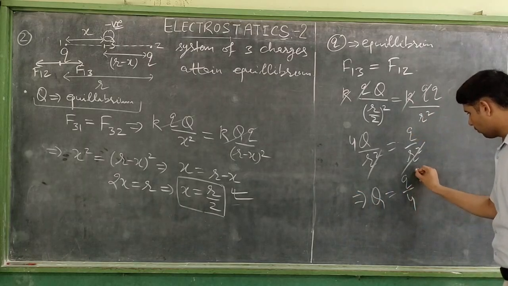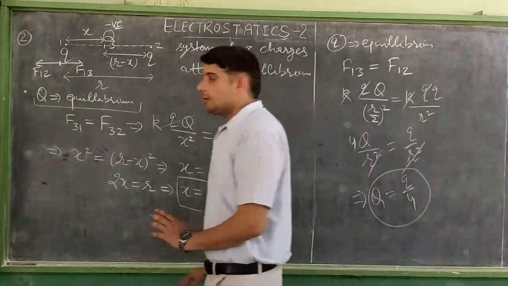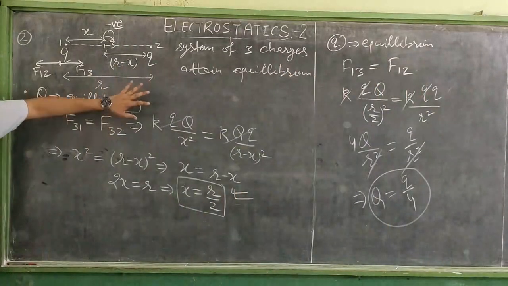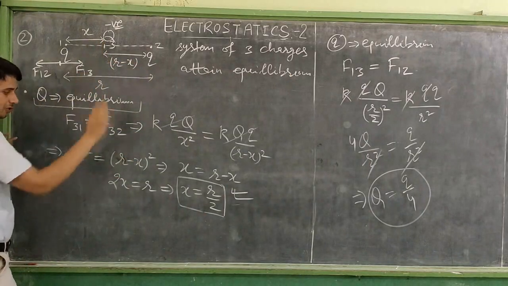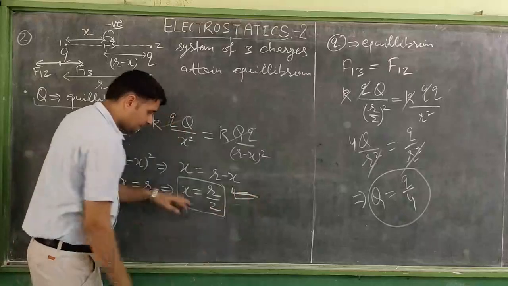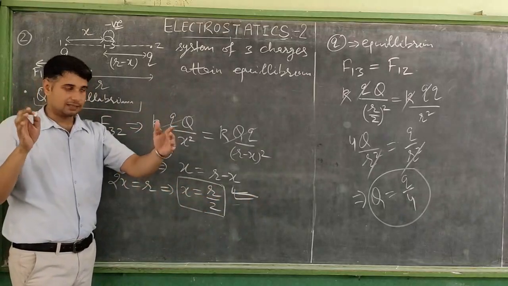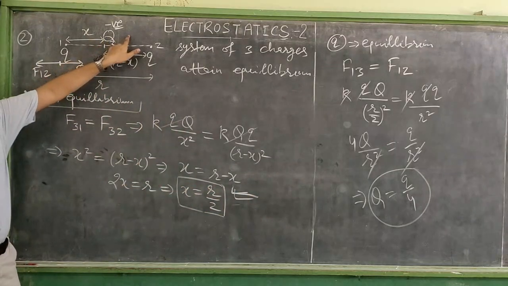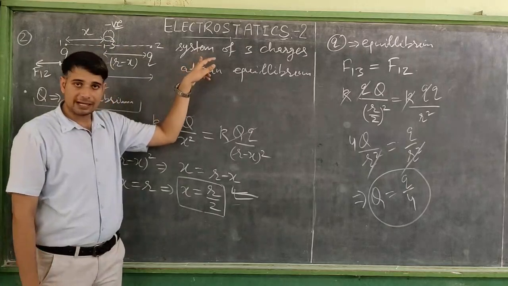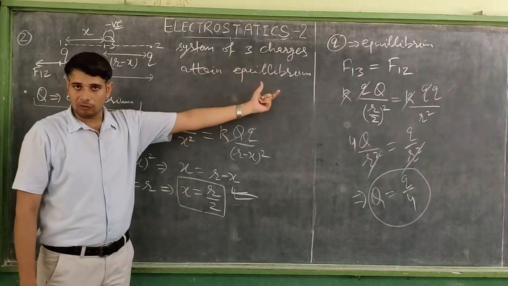Okay dear student, so we have got 3 answers for the separate cases. First, this capital Q is to be positioned at r by 2, that is, right at the middle of the 2 point charges. Second case, the polarity must be negative, because it is given exclusively that the system of 3 charges should be in equilibrium.